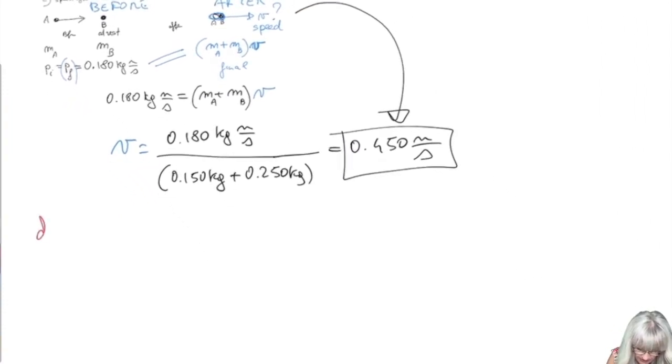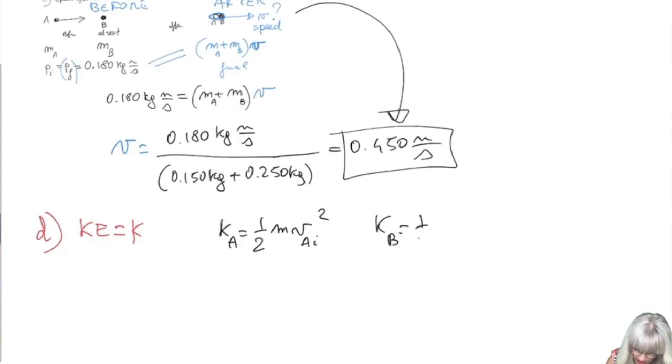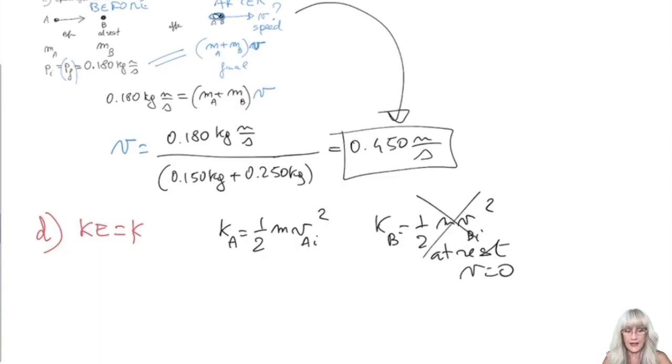In part D, we want to find the kinetic energy, what we call just K. So, kinetic energy of object A will be 1/2 m vA initial squared. Kinetic energy of body B initially will be 1/2 m vB initial squared, but this is the one at rest, so v equals 0, no kinetic energy. So this is the initial.